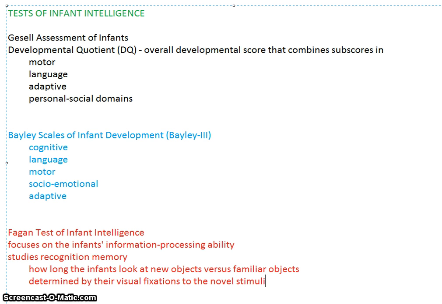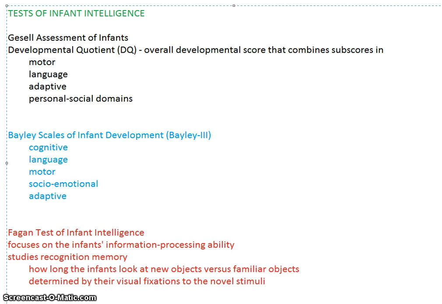So they look at how long they look at something new versus something that they should recognize. If it's something they've been habituated to, if it's something they're used to, they're not going to stare at it as long as a novel, a new stimuli, something to which they have not been habituated. So by looking at length of visual stares, they're able to figure that out.